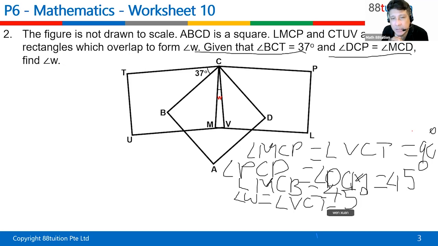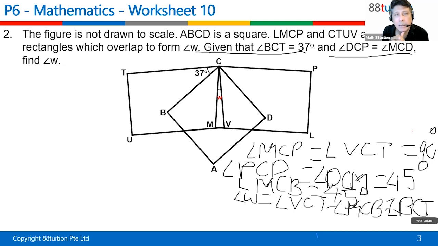Angle W will be angle VCT, which is 90, minus angle MCB, and minus angle BCT, the 37. Okay, and you got 8 degrees.